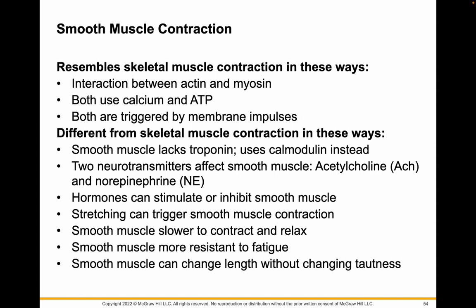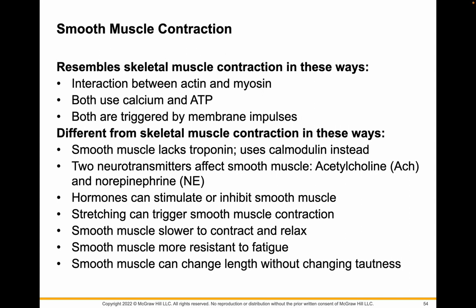Let's see. Smooth muscle resembles skeletal muscle because it does have actin and myosin. It uses calcium and ATP, and it's triggered by some impulse. The difference is that smooth muscle does not have troponin. It uses a different protein instead. There are two neurotransmitters that can affect smooth muscle: acetylcholine, like our skeletal, but also norepinephrine.